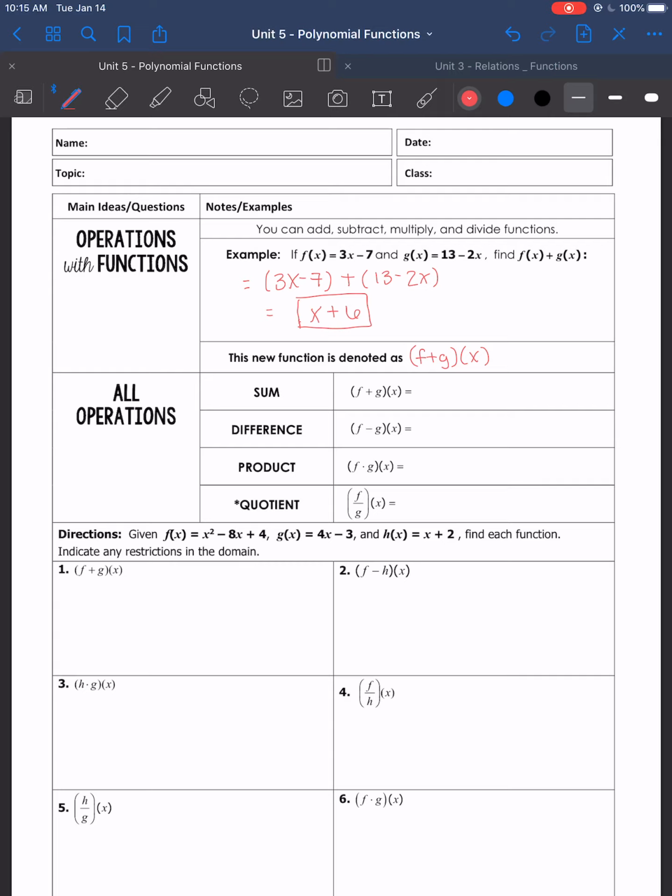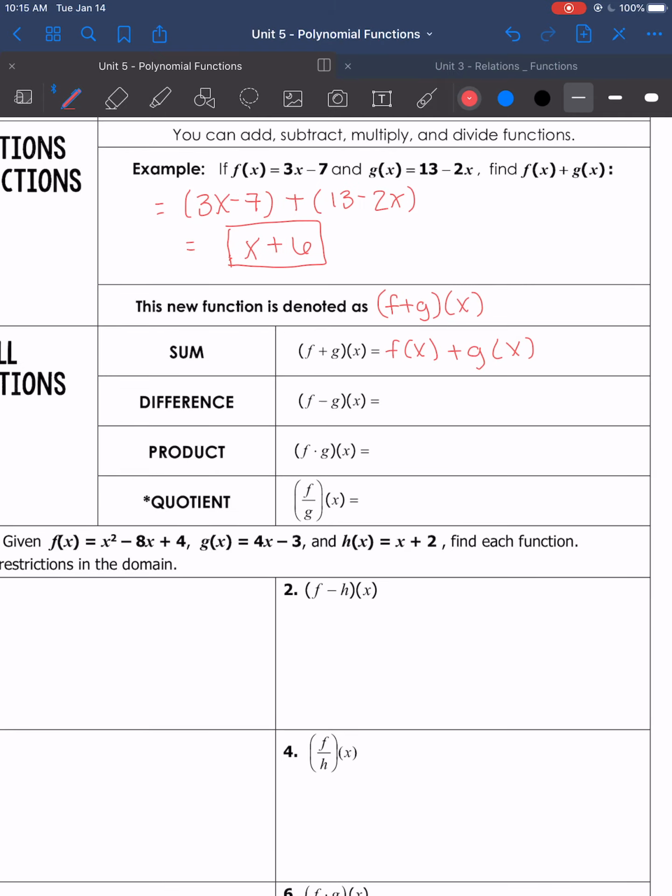You can also write it as f of x plus g of x, which typically I like better because in my head it makes more sense. However, it works for whichever way you'd like to do it. So if I wanted to subtract functions, I would do f of x minus g of x.